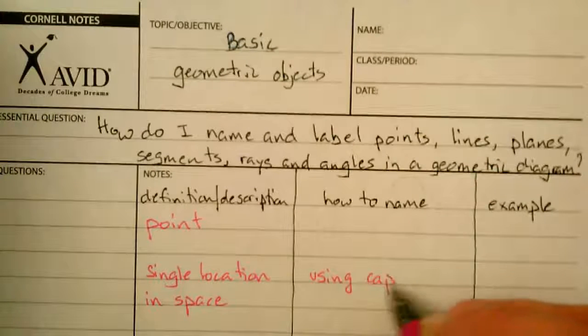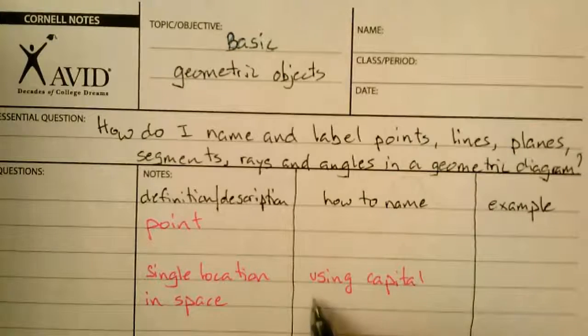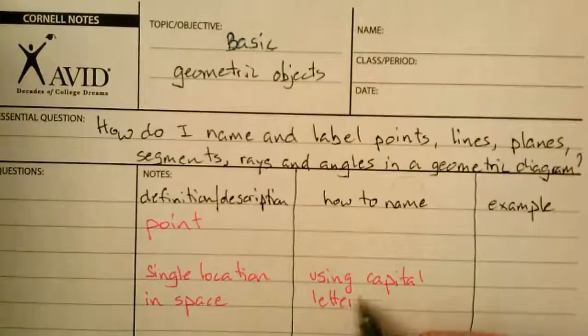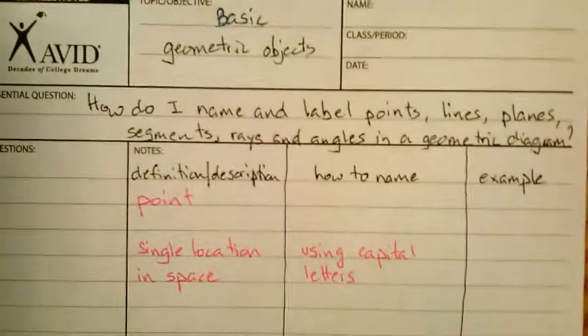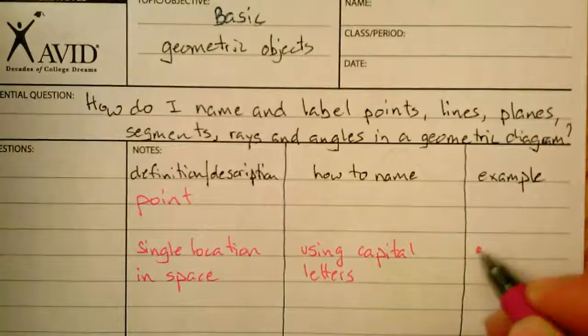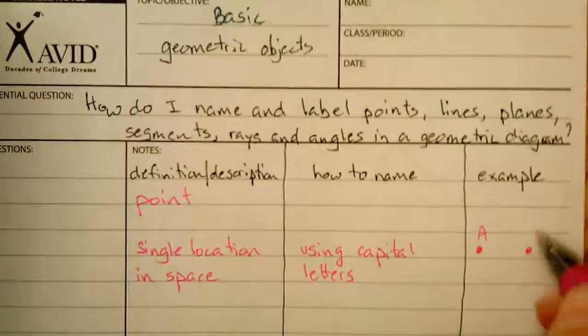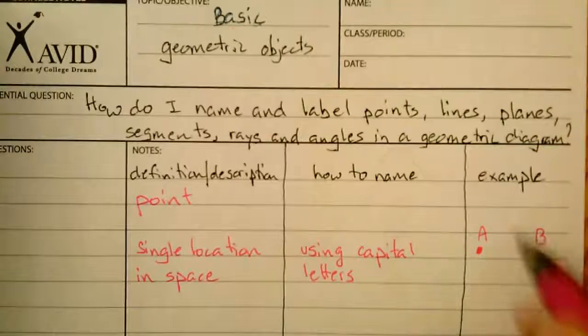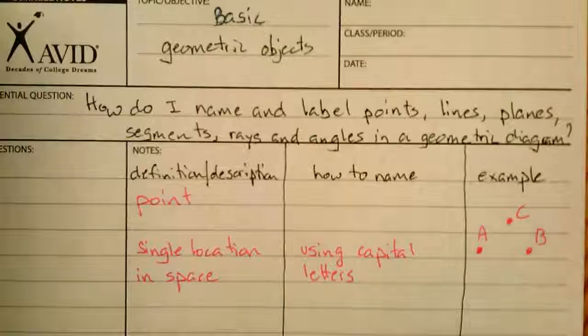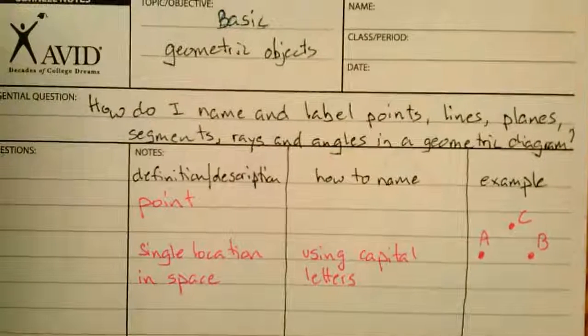Using capital letters. For example, we had a point here, we'd call that point A. Point over here, we could call that point B. Point up here, call that point C. Pretty straightforward.